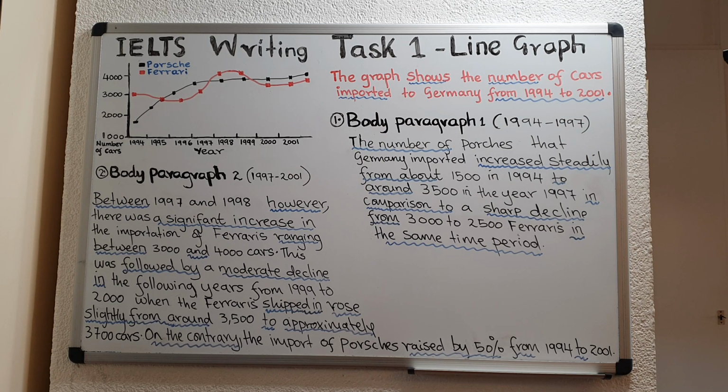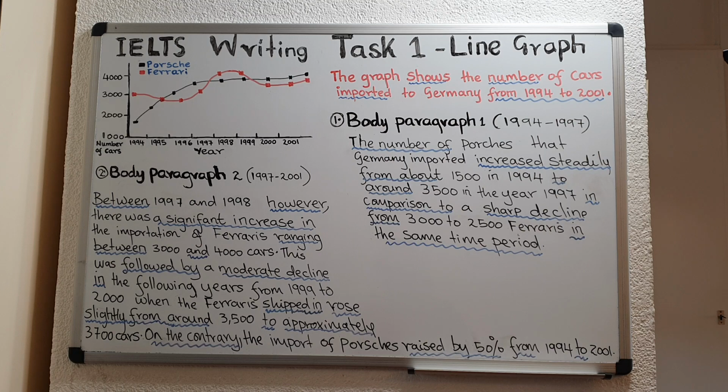So from 3,000 to 2,500 Ferraris in the same time period. The same time period is 1994 to 1997.